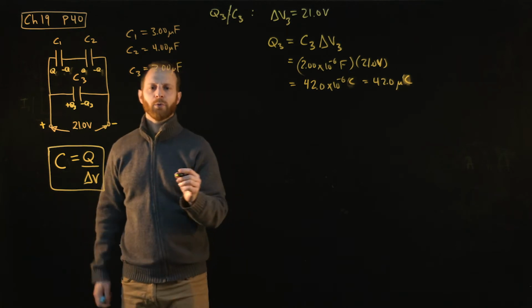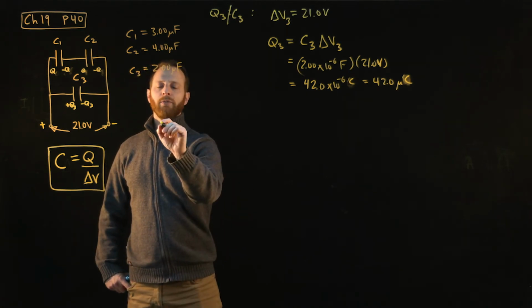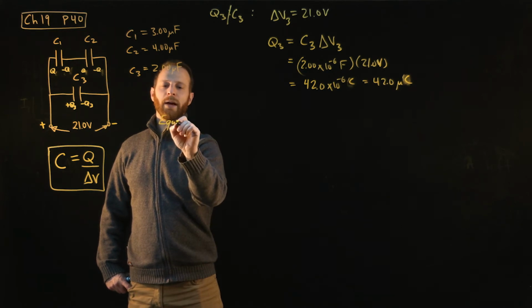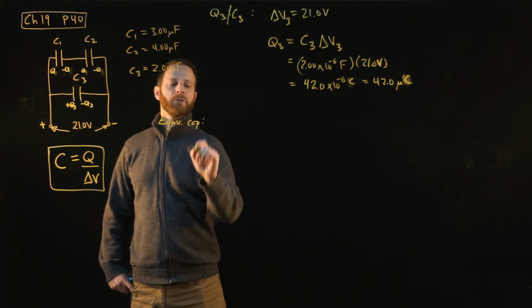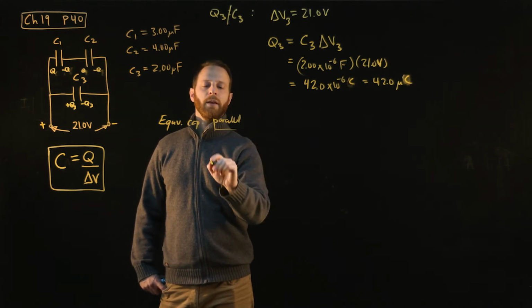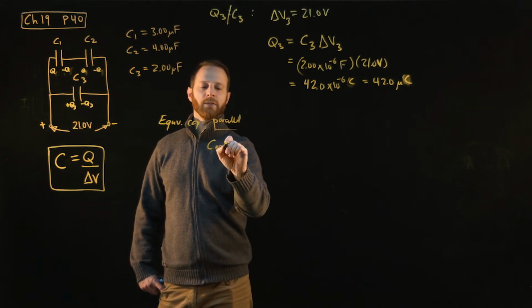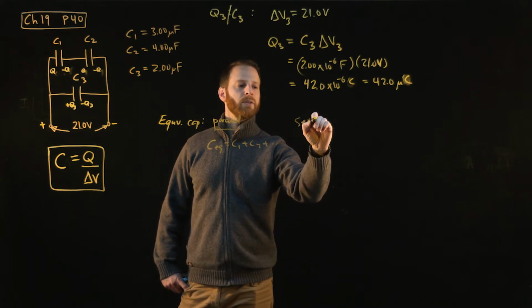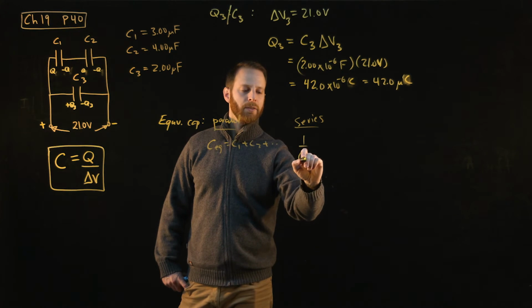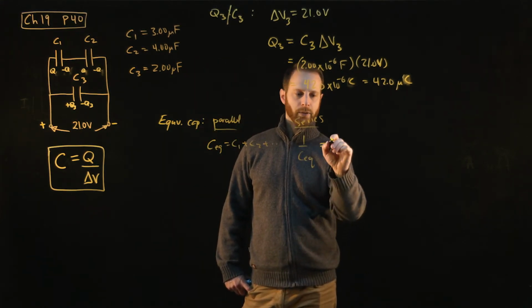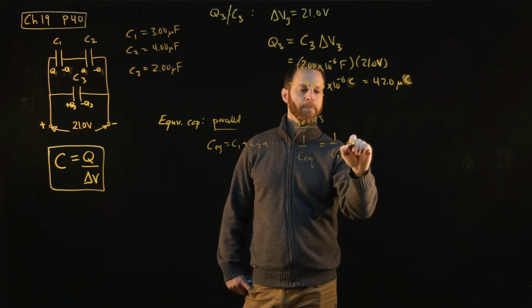To get the equivalent capacitance, you have to remember there's this funny rule that when we add in parallel, the capacitance just adds. But in series, the inverses add. This is, by the way, opposite to the way that resistors add in parallel and series.